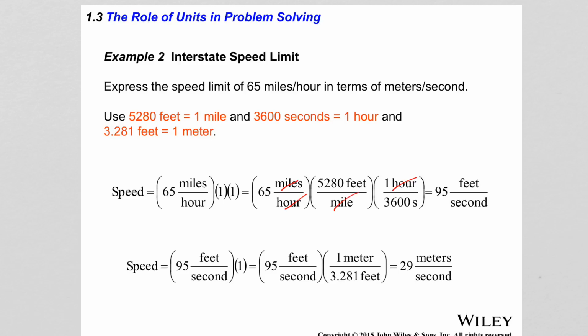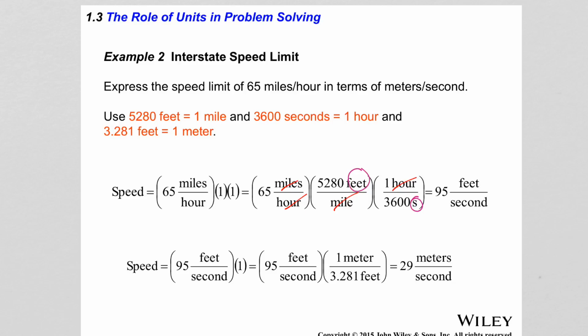What's left for the units would be feet and seconds. And so the new quantity will be measured in feet per second. And now multiplying 65 by 5,280 and dividing by 3,600 gives me 95. So 65 miles per hour are equal to 95 feet per second.